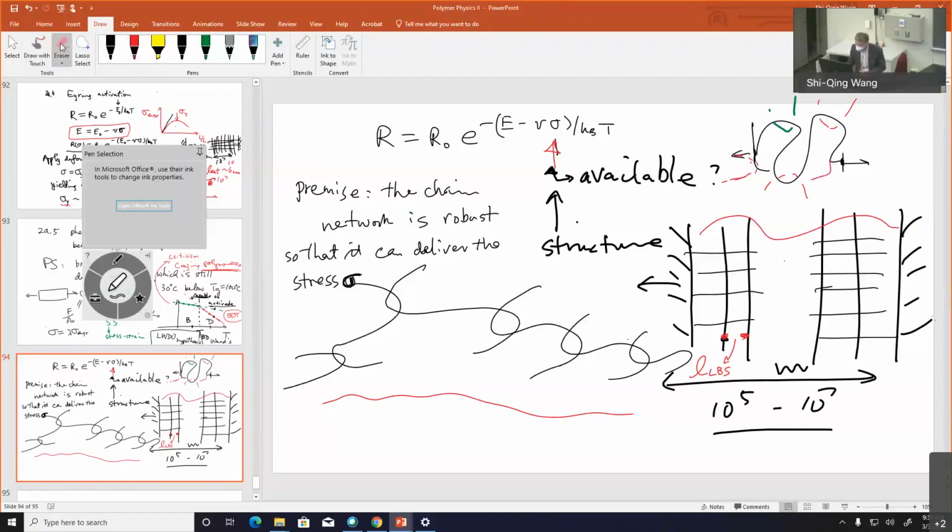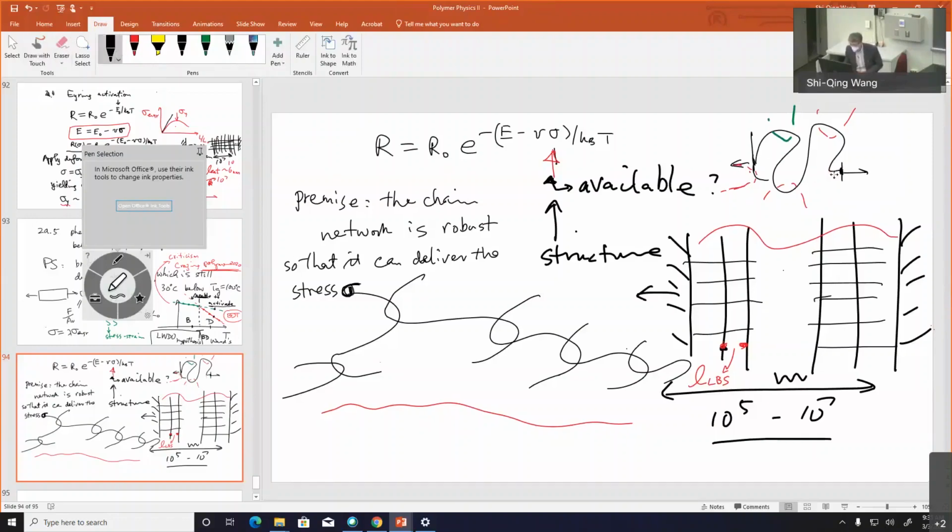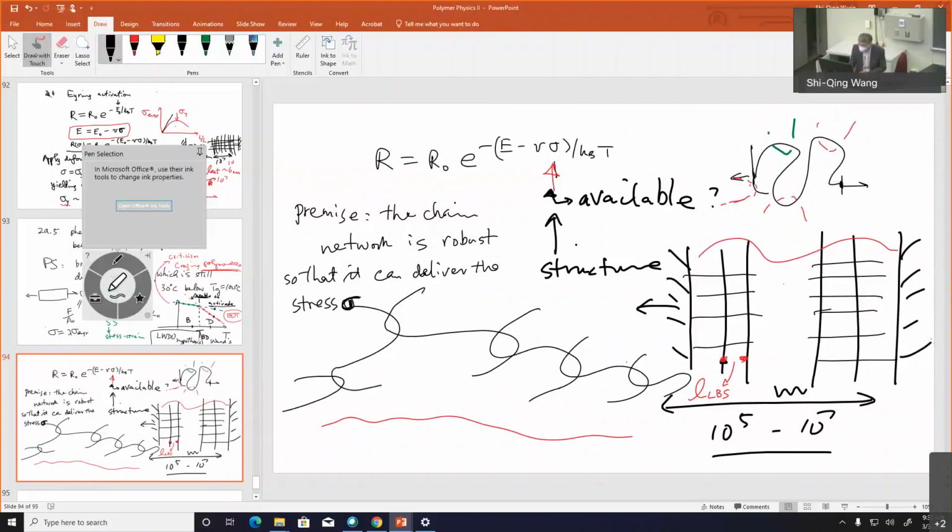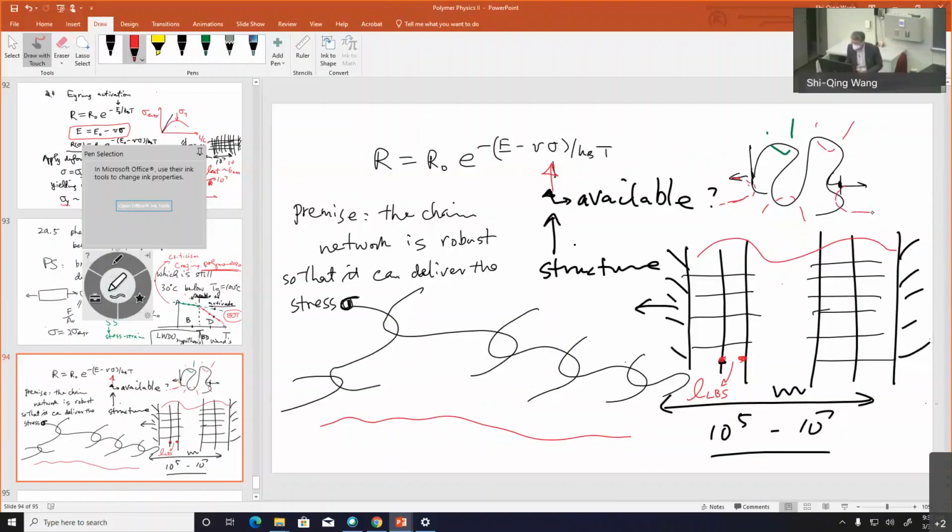So basically, you use your imagination. It's basically a Gaussian chain. So let's say it's like this, and you may have another chain like this. Okay, let's say that's the two chain ends already.